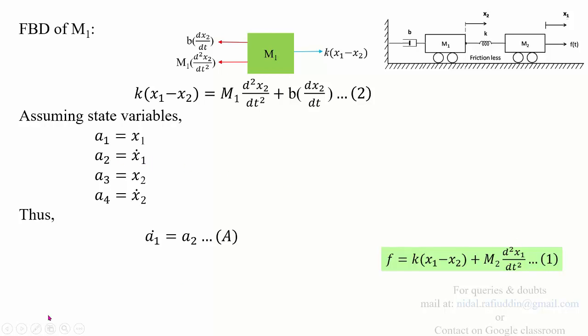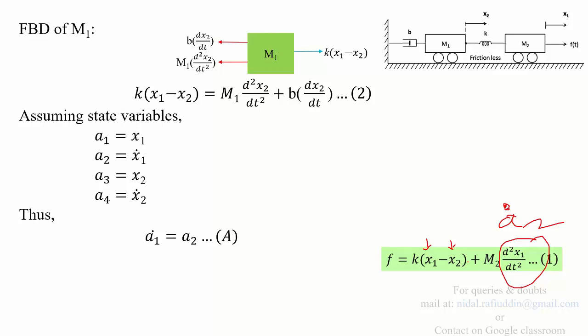So let me write this here. This term is nothing but A2 dot. You are going to obtain A2 dot and write this in terms of f, k, x1, x2. Since x1 and x2 are not state variables or input, you will be changing these values.